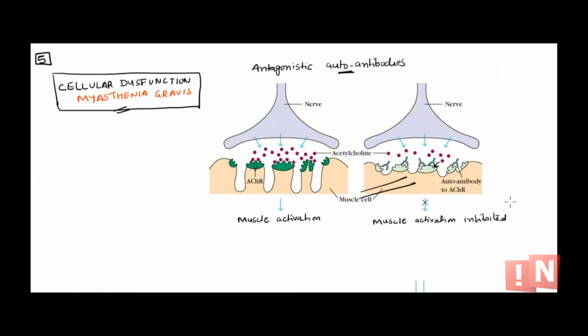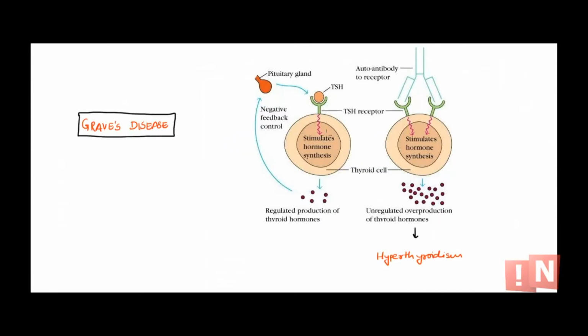On the other hand, it also works in another way. In Graves' disease, auto-antibodies are produced against the thyroid stimulating hormone receptors on the thyroid epithelial cells. In normal condition there will be regulated production of thyroid hormones, but in case of Graves' disease you have auto-antibodies against the thyroid stimulating hormone receptors, and once this binding happens, the antibody binds to this receptor.